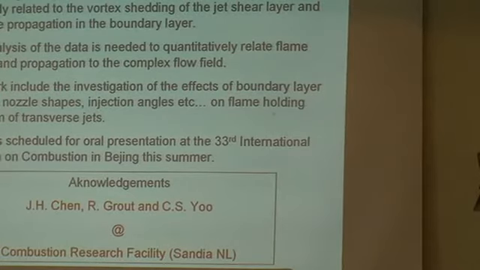Okay. I know that Kalgaki has published jets in a cross-flow, just global blowout limits, experimental data. I don't know if anybody has measured the liftoff height of a jet in cross-flow.